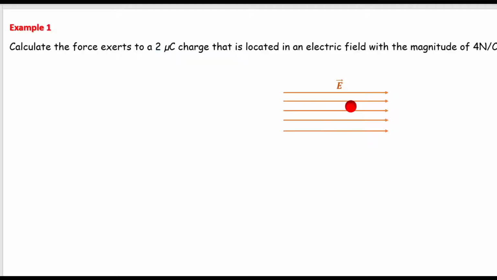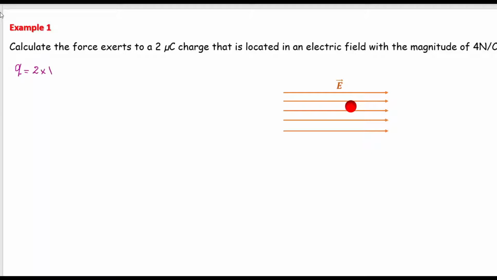In the first example, we would like to calculate the force exerted on a 2 microcoulomb charge. So first I extract the data, Q1, or the only Q that we have here. So Q equals 2 microcoulomb.